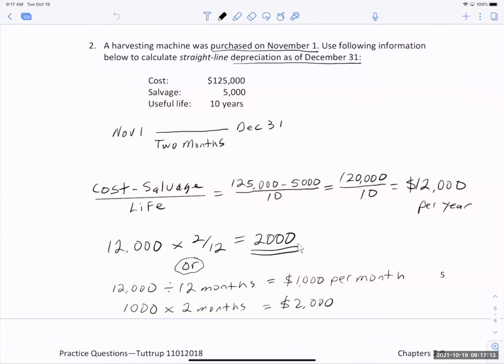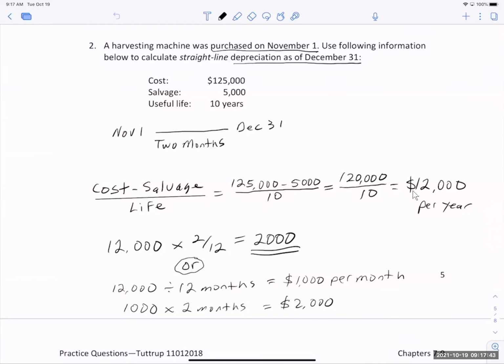Okay, let's go ahead and do this. This is straight line. And we're just going to go and apply the rules of the game. Cost minus salvage divided by life. The cost, $125,000. Salvage, minus $5,000. And the useful life, 10 years. So if we calculate that out, this is going to be $120,000. We're going to depreciate that over 10 years. That's $12,000 per year.